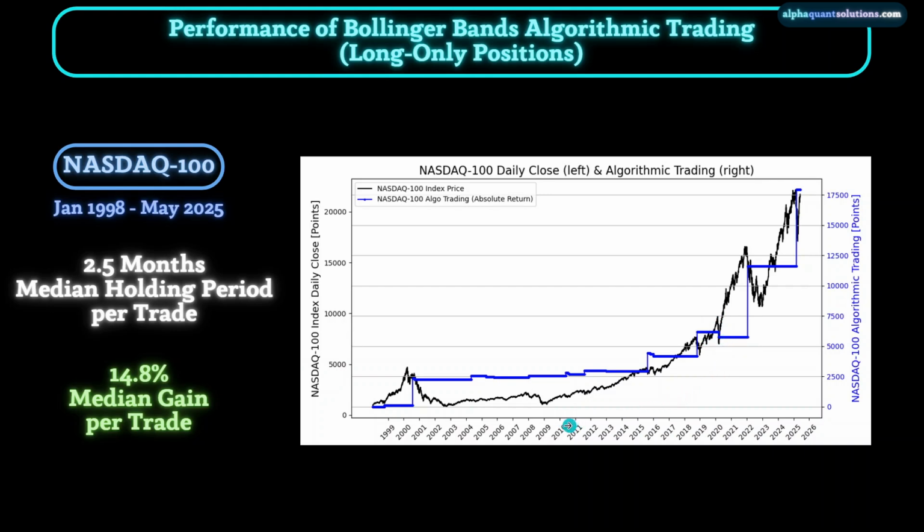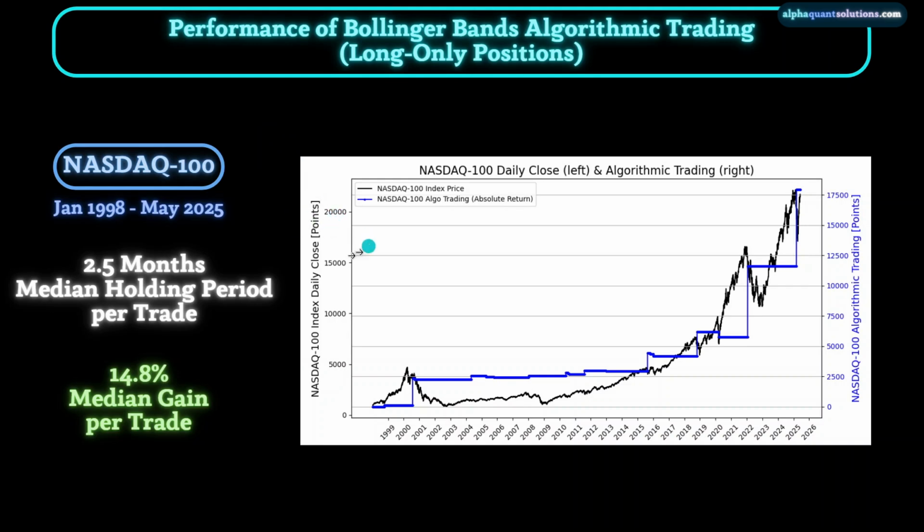And then during the financial crisis of 2007, 2008, actually it even increased. During the bear market of the dot-com bubble between 2000 and 2003, there is a huge gain first, and then a small loss and a stabilization. So this algorithm showed to be quite robust during volatile market conditions.